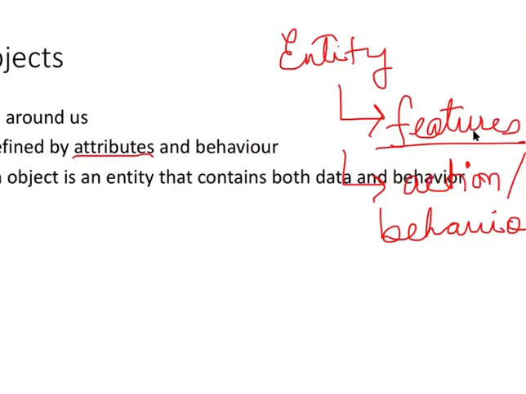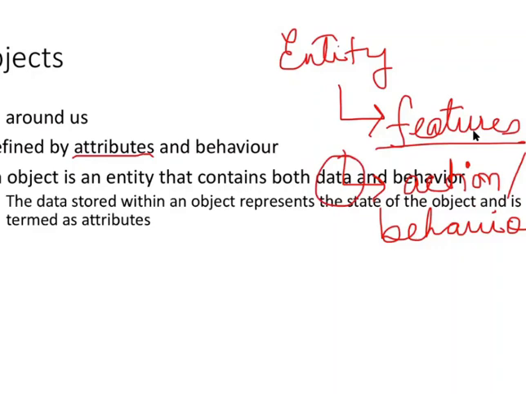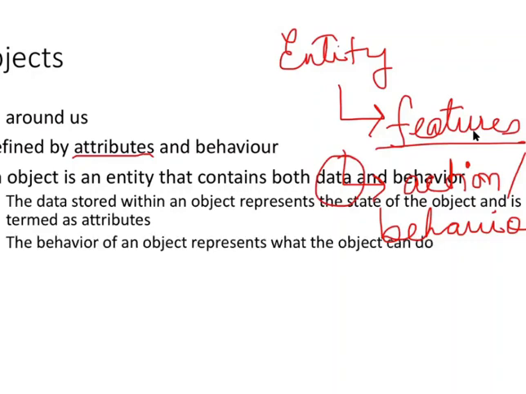An object is an entity that contains both data, the feature or attribute, and behavior. The data stored within an object represents the state of the object and is termed as attributes. And the behavior of the object represents what the object can do. So that is your object.